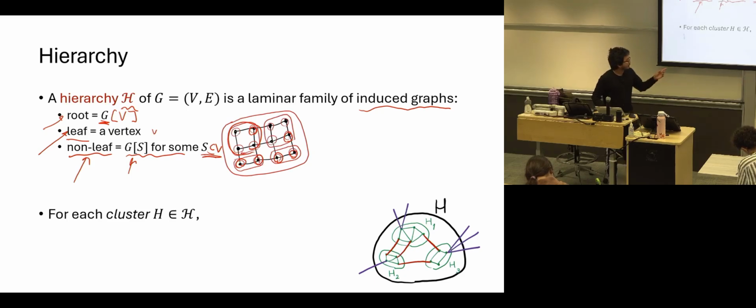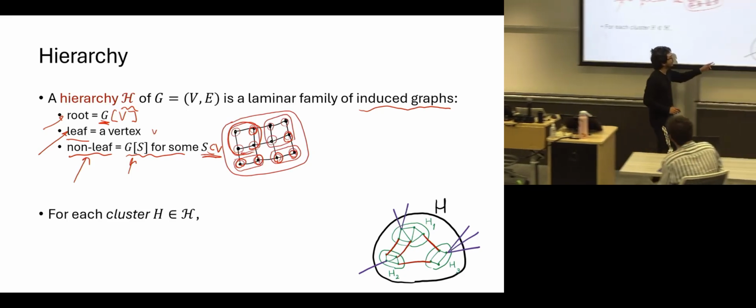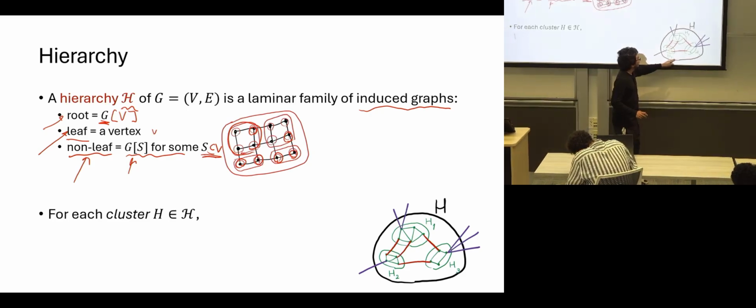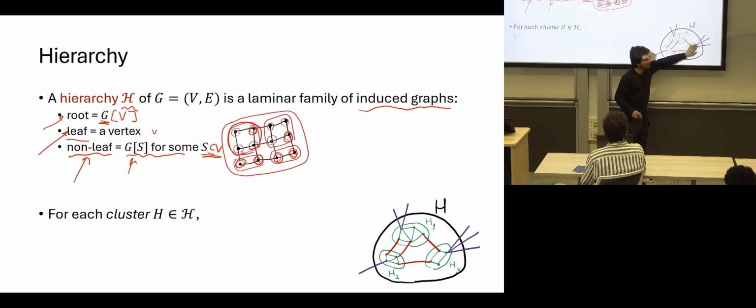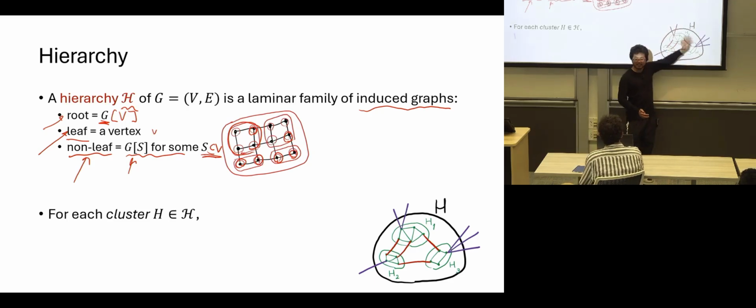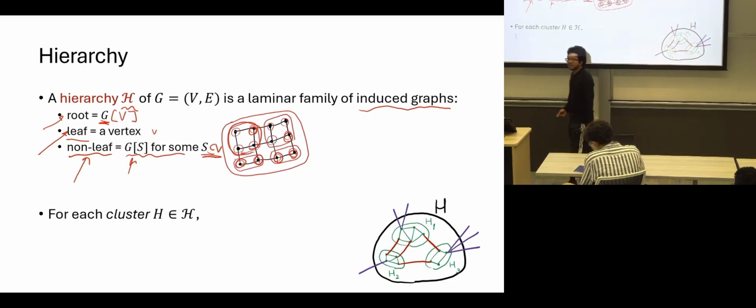So let's look at a cluster H. It has some children clusters H1, H2, H3. And there are going to be edges between children and edges that go out of the cluster.